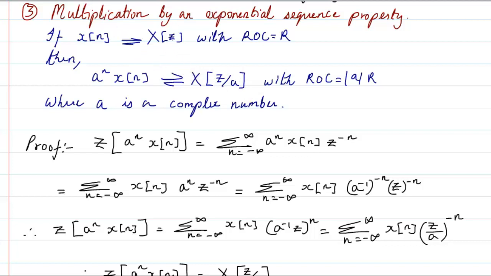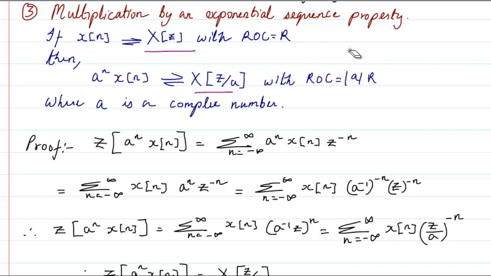If you already know this, then you can directly get the z transform by just substituting z by a wherever you find z, and you will get the answer. And the same is the case with ROC, and that's why it is written like this.